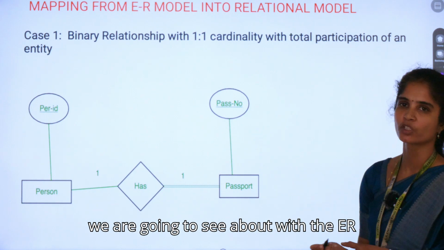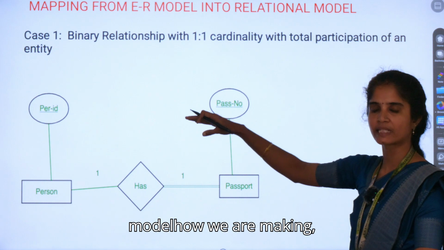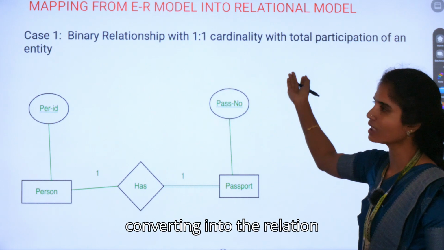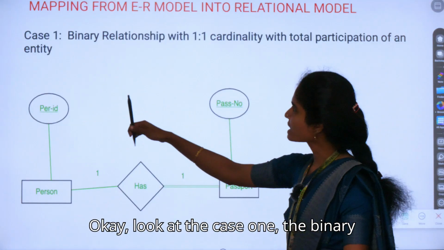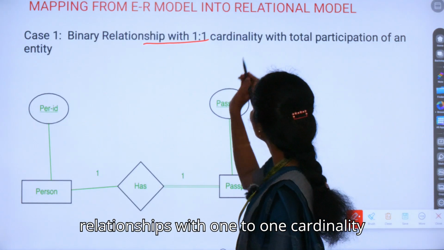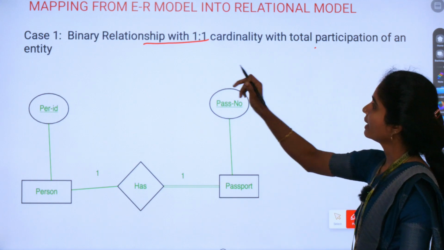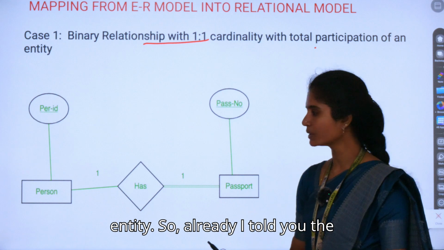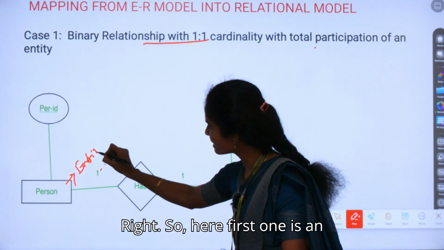Then we are going to see how, with the ER model diagrammatic representation, we convert it into the relation model. Okay, look at case 1, the binary relationship with one-to-one cardinality with a total participation of an entity. So already I told you the rectangular shape will be an entity, right?